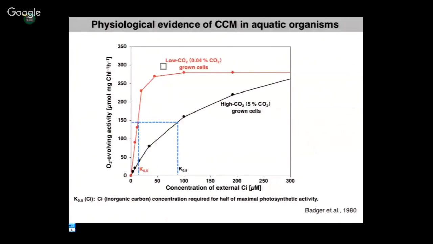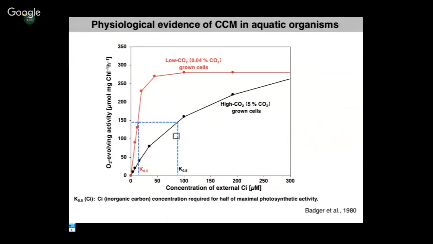Please remember, this graph looks like an enzymatic reaction. We assume the cell as an enzyme itself, with Vmax like this, and K half. You know the Km value, but we call it K half because the cell is not the enzyme itself.